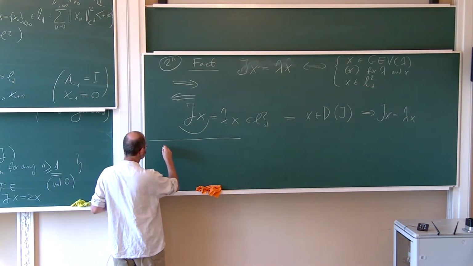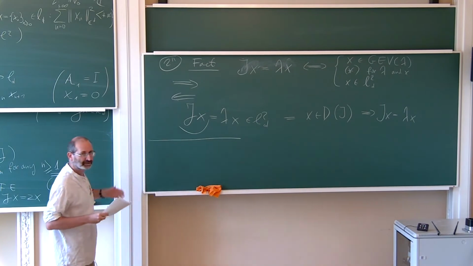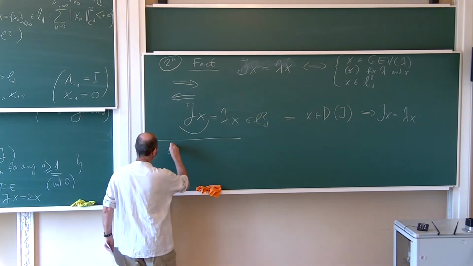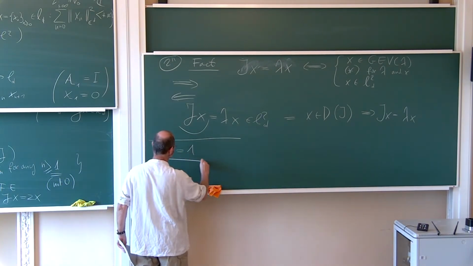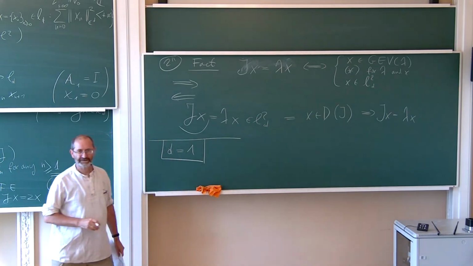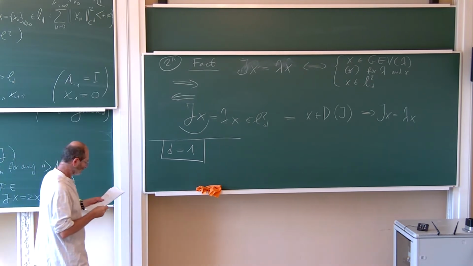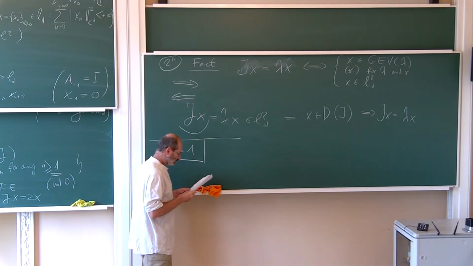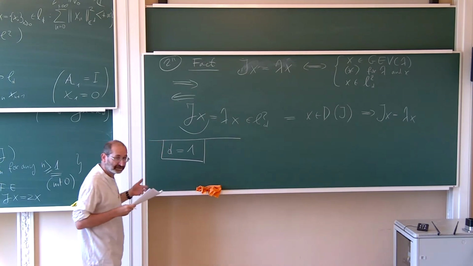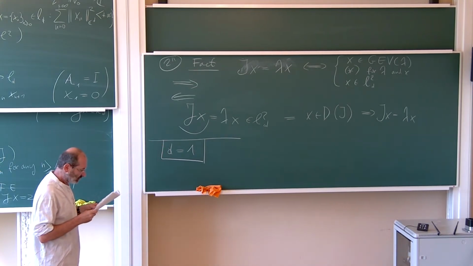Now, for a long time we assumed that D is 1. So we consider the scalar case. We have just the scalar Jacobi operator, and we will consider the self-adjoint case.